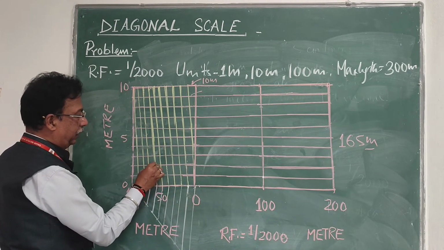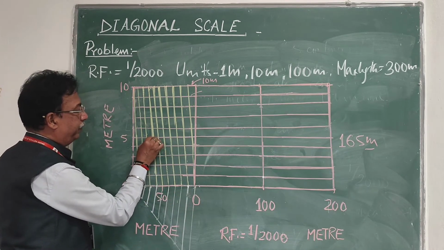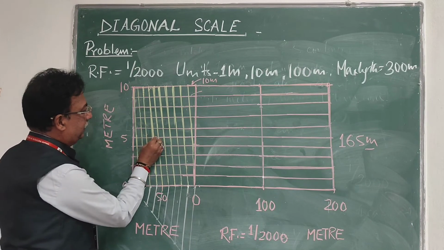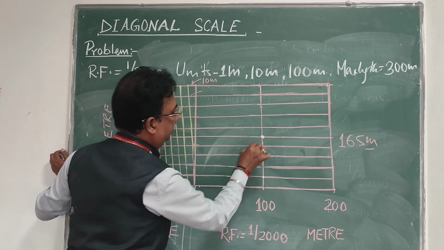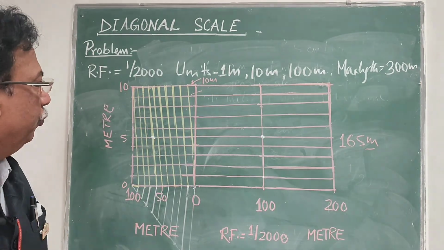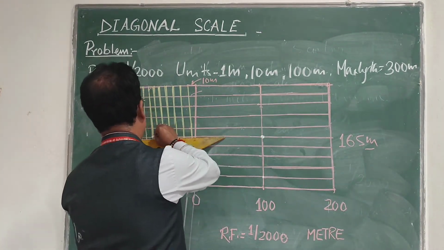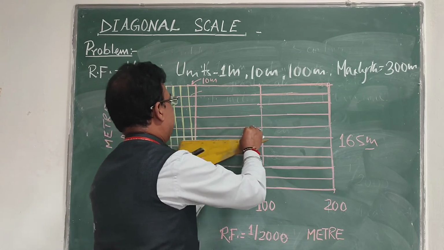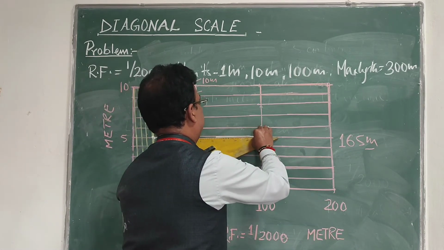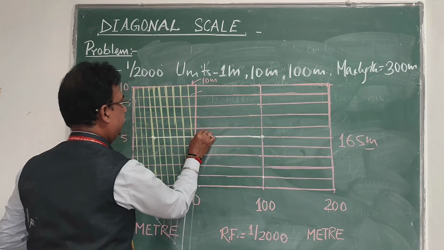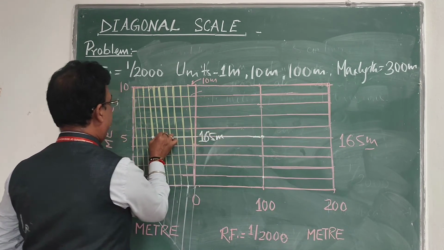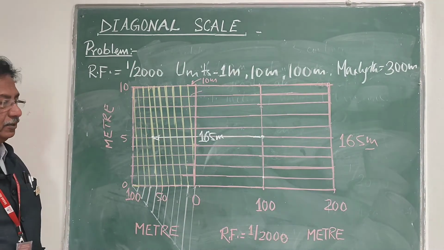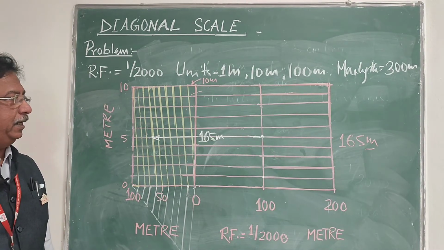So if I go 1, 2, 3, 4 and 5, the distance between these 2 points, this point and this, will be 165 meter. So in this way, with the help of diagonal, we can get the third fraction of the scale.